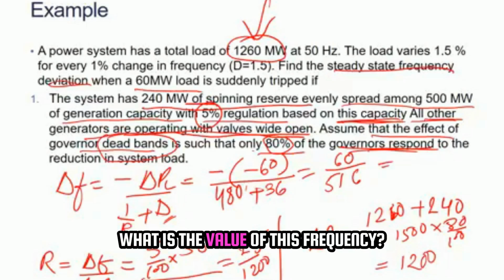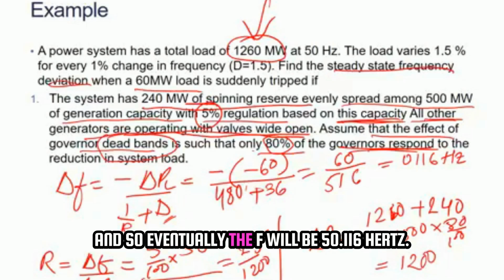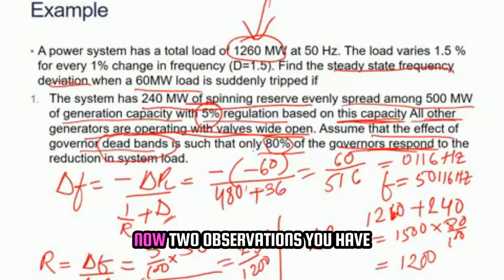What is the value of this frequency? 0.116 hertz. And so eventually the F will be 50.116 hertz.